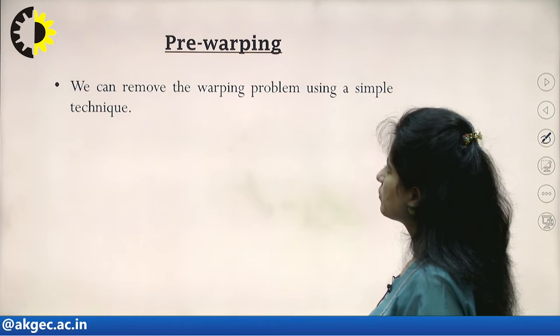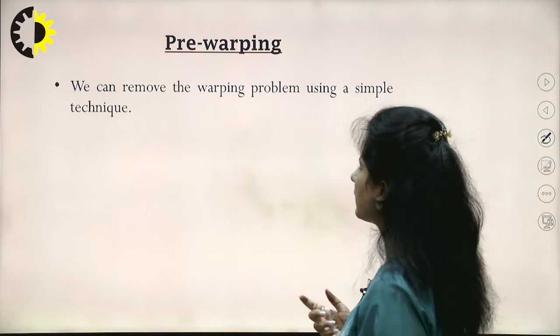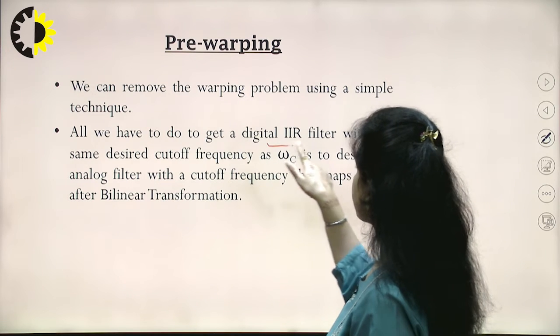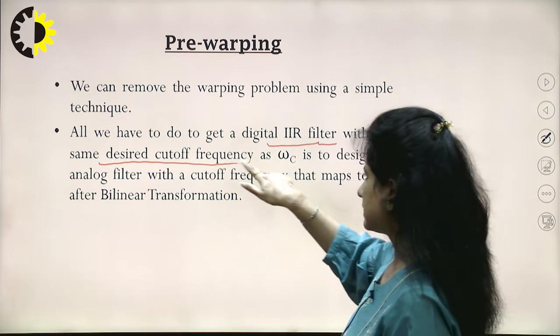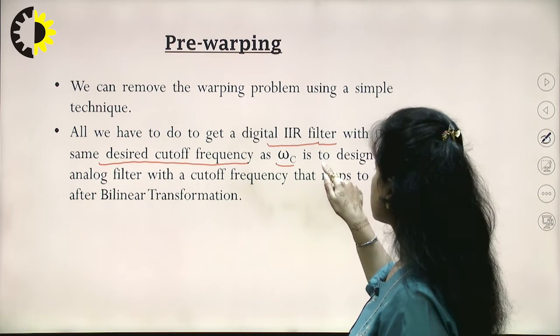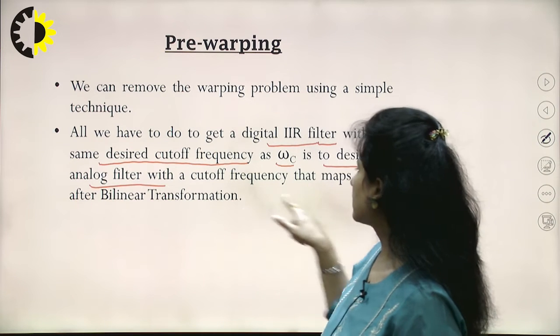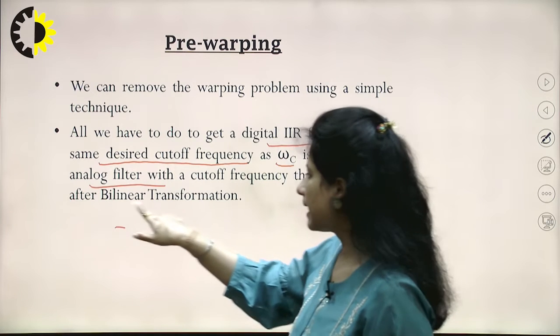So I need to remove this phenomenon by a method called pre-warping. What I have to do is design a digital IIR filter with the same cutoff frequency omega c. For this, we will be designing an analog filter with a cutoff frequency that maps to omega c after bilinear transformation.